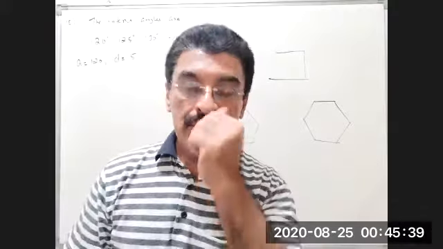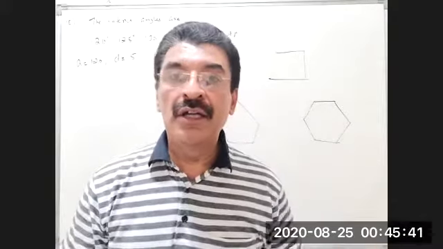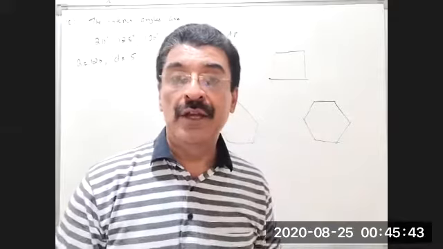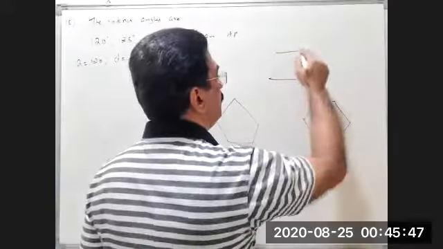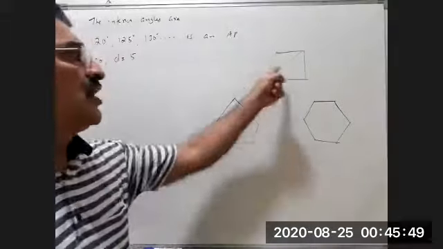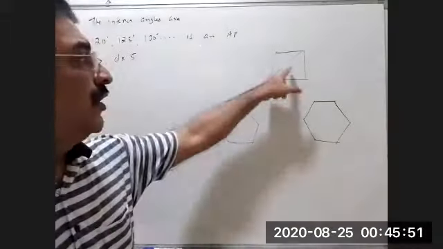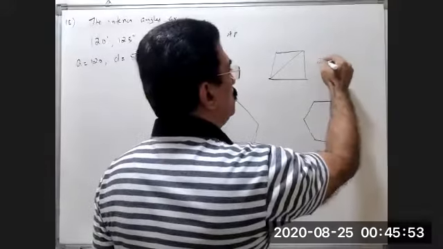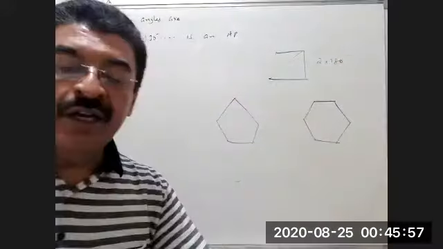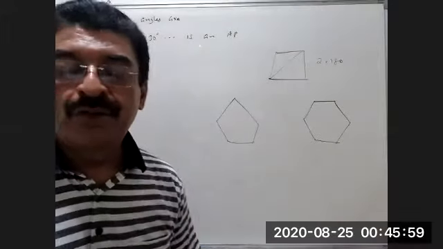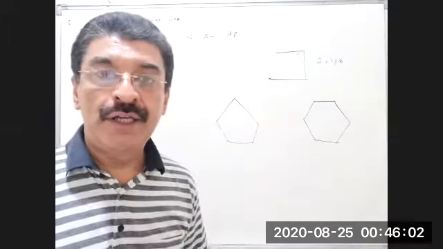The actual thing is, whenever we get any polygon, we will break it into triangles by drawing diagonals from one vertex. Now, how many triangles are there? We have 2 triangles. For one triangle it is 180, so the sum for 2 triangles will be 2 into 180.